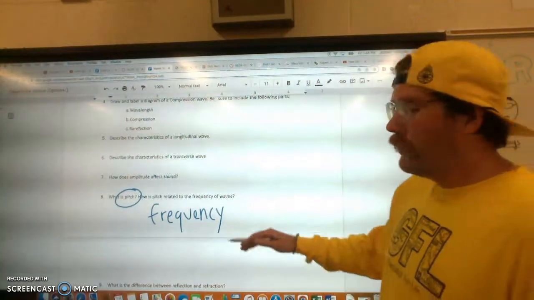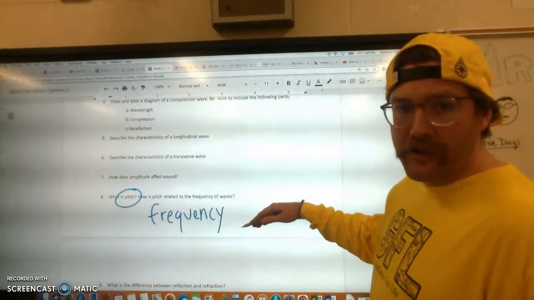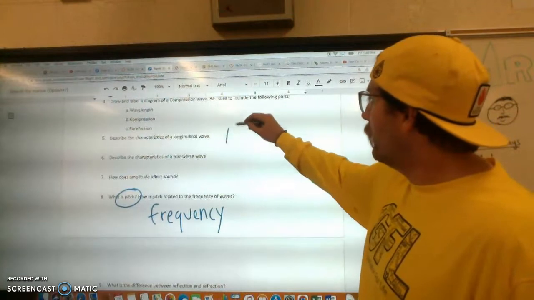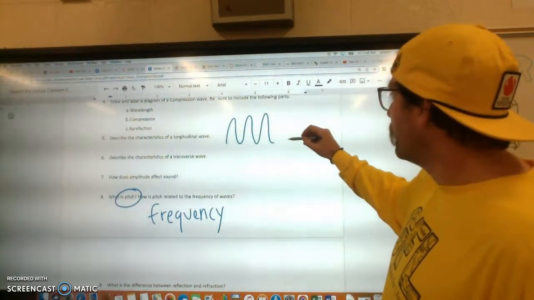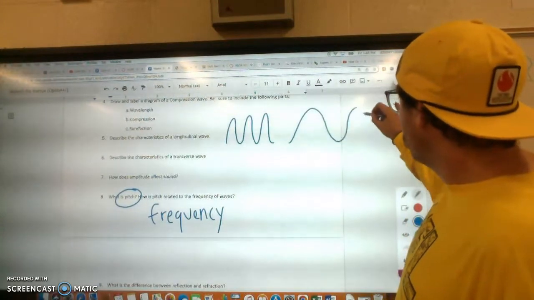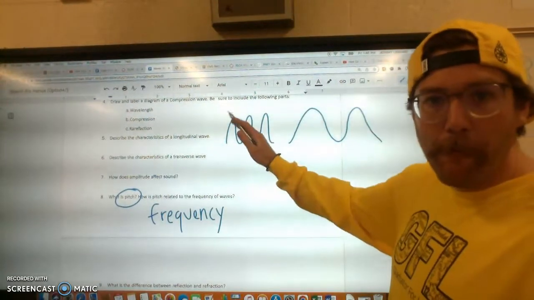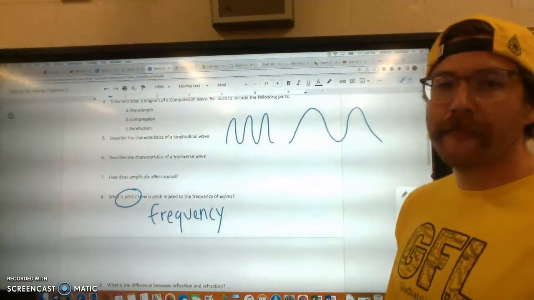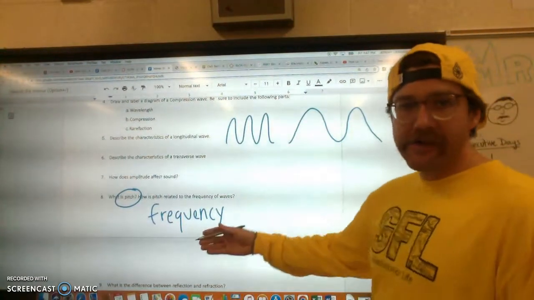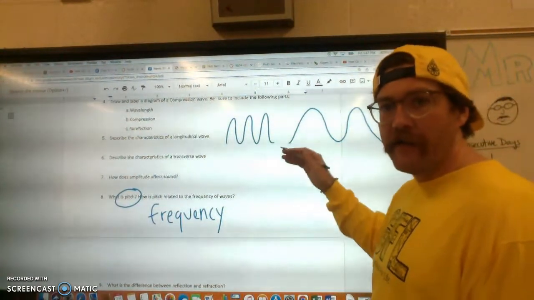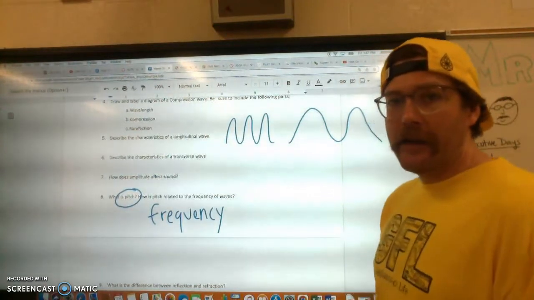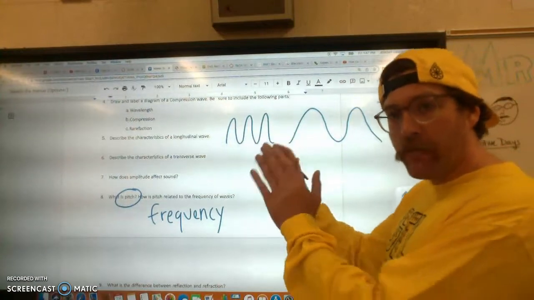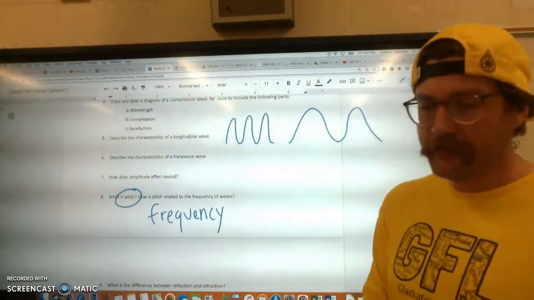And so when we looked at this word earlier, frequency, we said that wave would have a higher frequency than that wave because there's more crests per second. Now, in sound, we don't have transverse waves, we have compressional waves. So what does that end up looking like? It ends up looking like more compressions per second, okay?